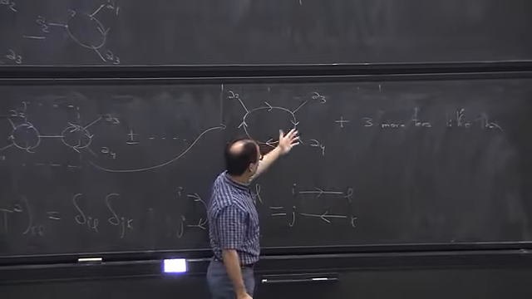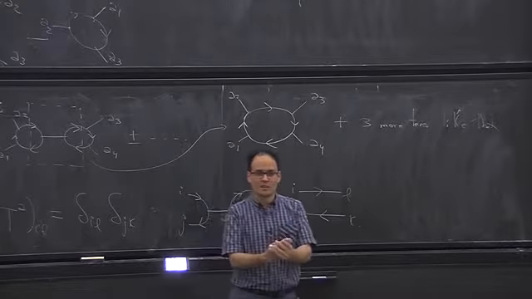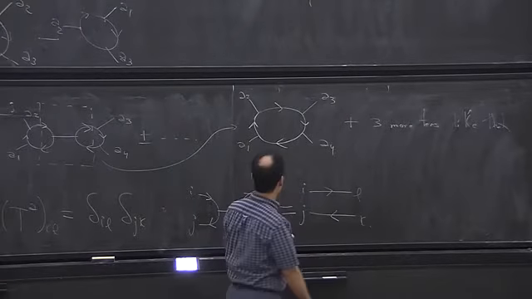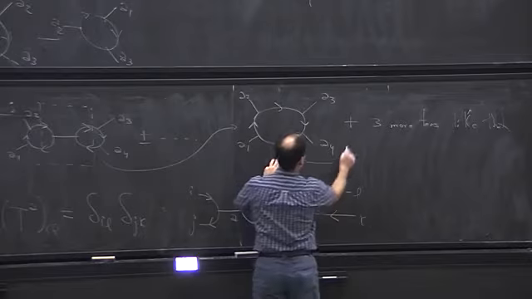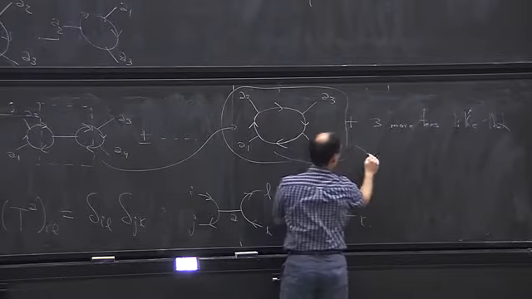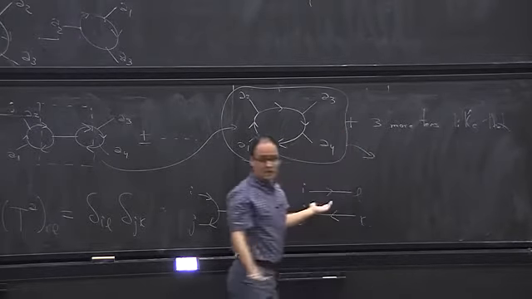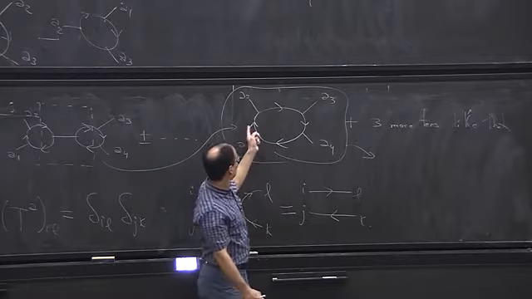So what could this possibly be in terms of our generators? We want to go back to what they look like. So this object, if we want to write it, well, first of all, it has to be a trace because we are summing indices.